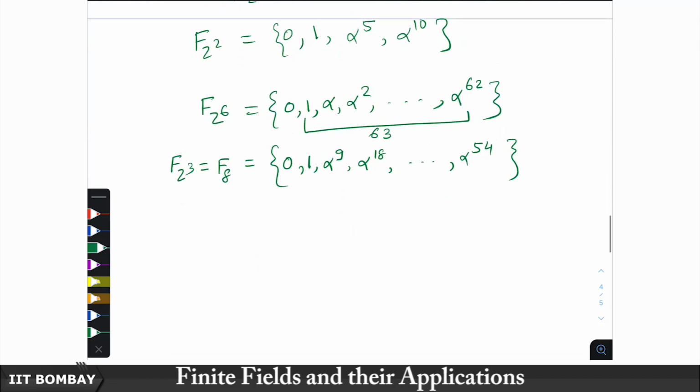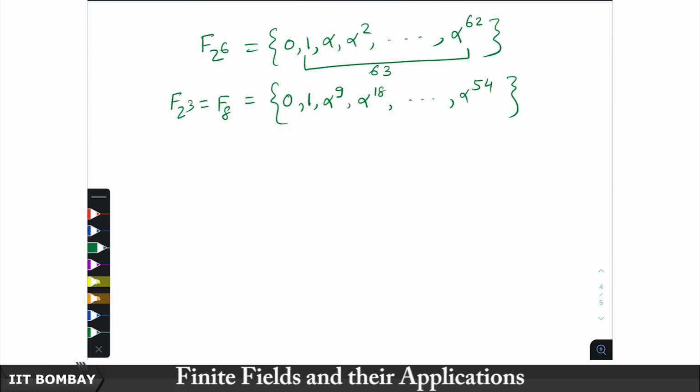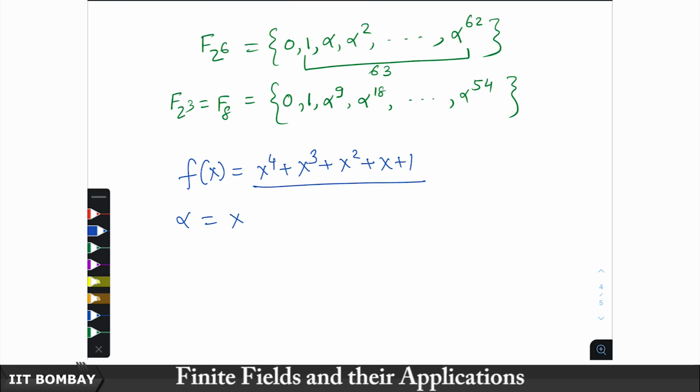So, we will quickly do that. You can see that if you take f(x) equal to x 4 plus x cube plus x square plus x plus 1, and you take alpha equal to x and you take powers of it modulo this polynomial, we will not go up to alpha power 15, before that we will reach 1.